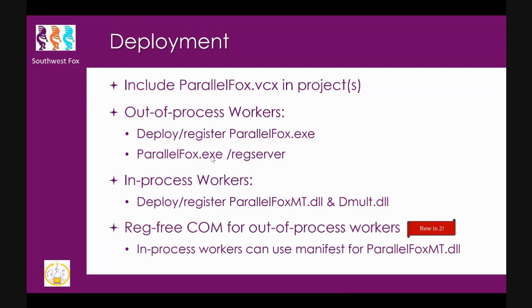I don't have time to demo this, so check the white paper out for it. And this idea, anybody in here that's familiar with COM, the idea of reg-free for out-of-process workers might be a little bit foreign. So if you want to find out how I pulled that off, then take a look at my blog. For in-process workers, we've been able to do reg-free COM for that for a long time using a manifest. So that's possible as well.